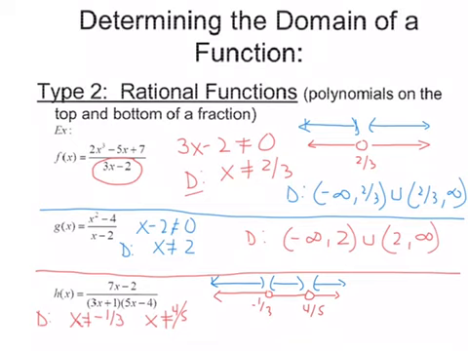So my domain in blue would be 3 sections from negative infinity to negative 1/3, union negative 1/3 to 4/5, union 4/5 to infinity.